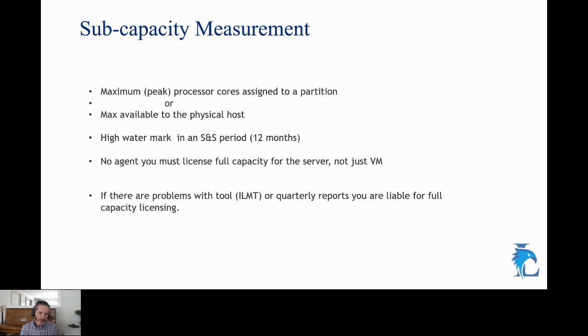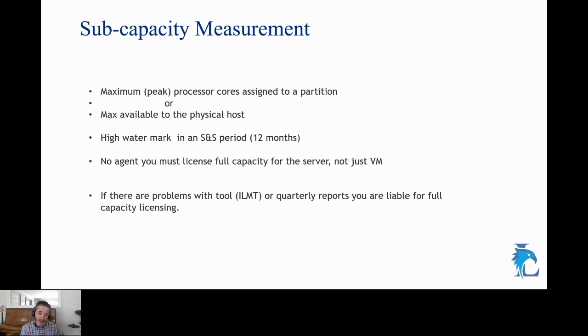An interesting one, though, is the high water mark. This is something that ILMT and the SAM tools will track. Basically, if they move around or if you increased and reduced over time, it is the high water mark that is taken. So if you have deployed, even for a very short period of time, onto, let's say, 10 or 20 cores, that is the number that you must be fully licensed for the 12-month period.